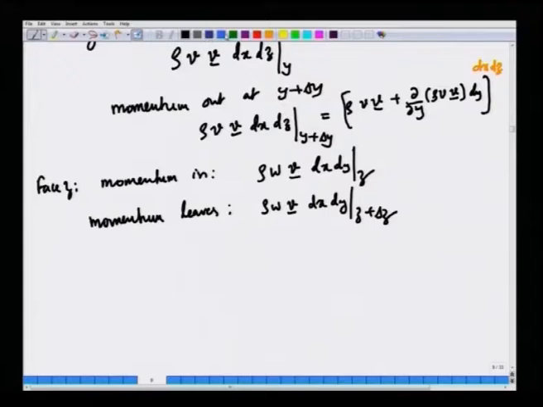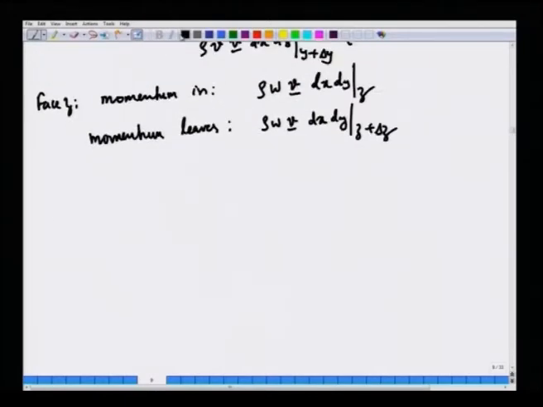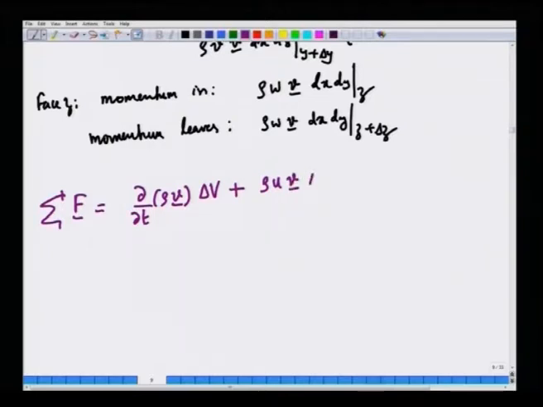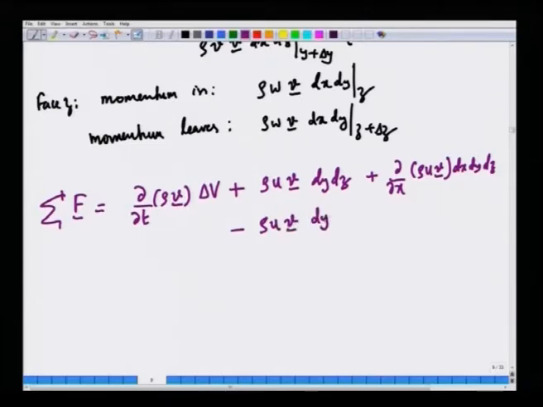The sum of all forces acting on the CV is equal to d dt of rho v times delta v plus rho u v times dy dz, this is the momentum that exits at face x plus delta x, plus d dx of rho u v dx dy dz minus the momentum entry at x, which is simply rho u v dy dz.